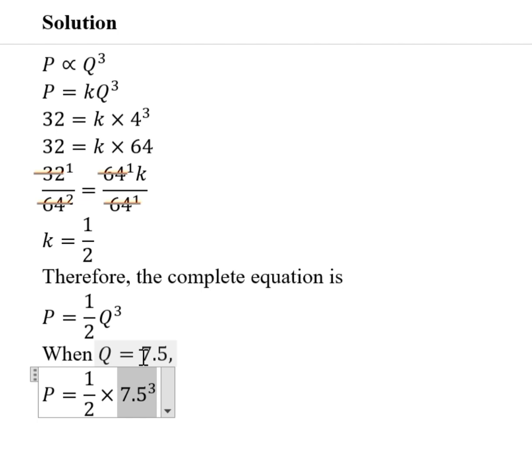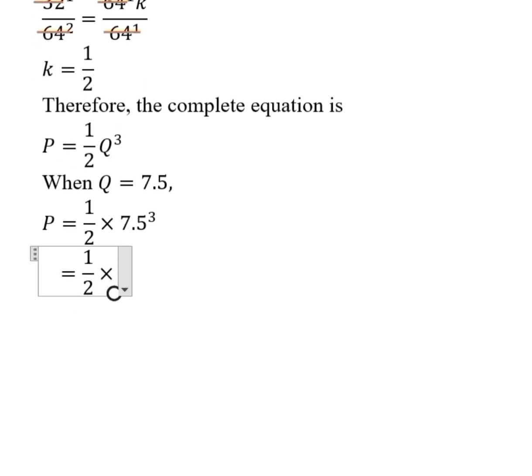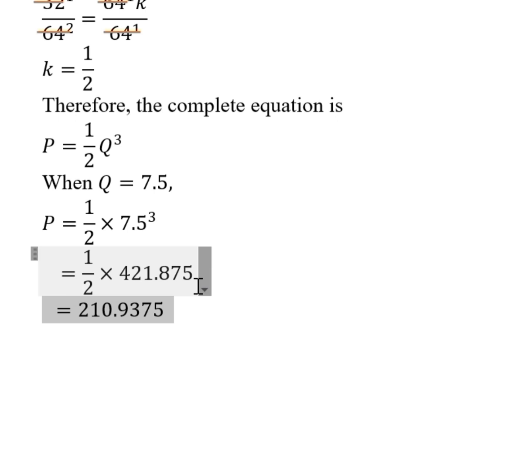So p is equal to half times 7.5 cubed. 7.5 cubed is known to be 421.875. So when you simplify that, you will get p being equal to 210.9375. Thank you.